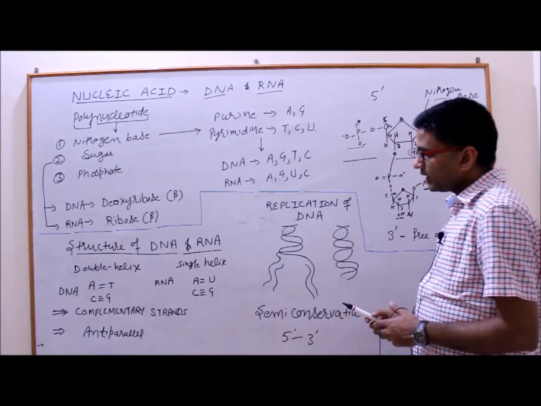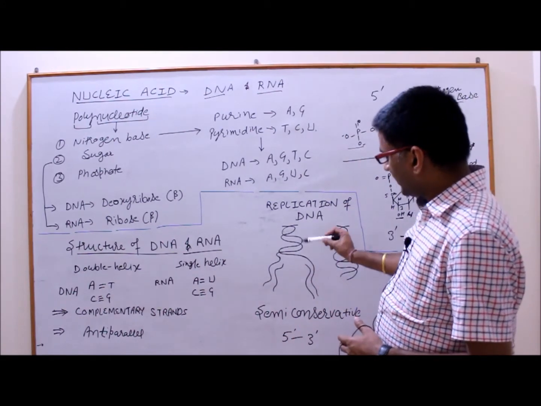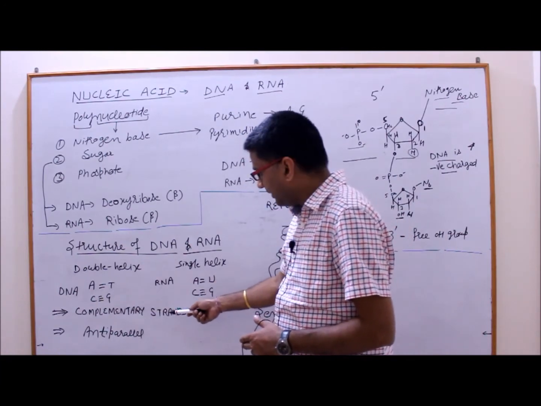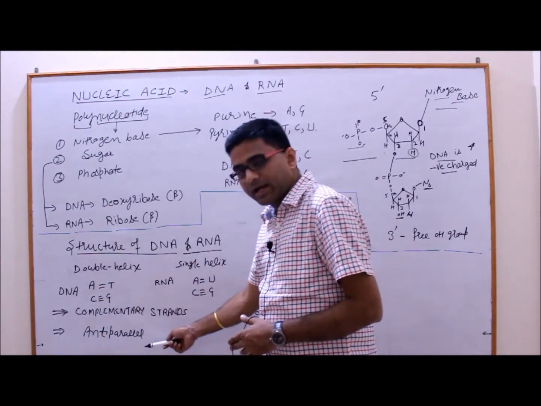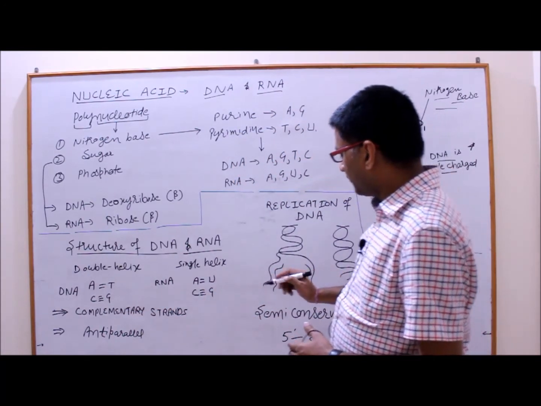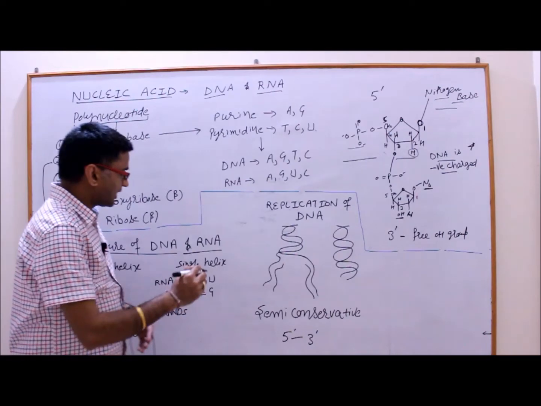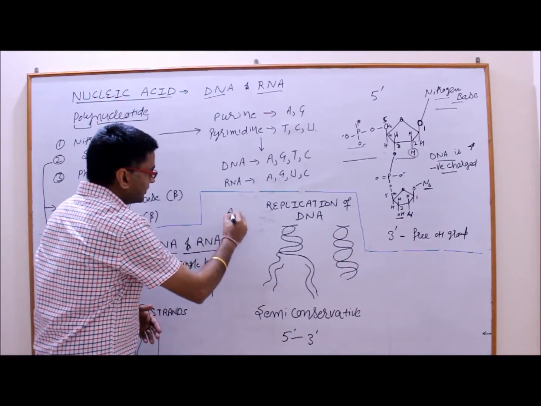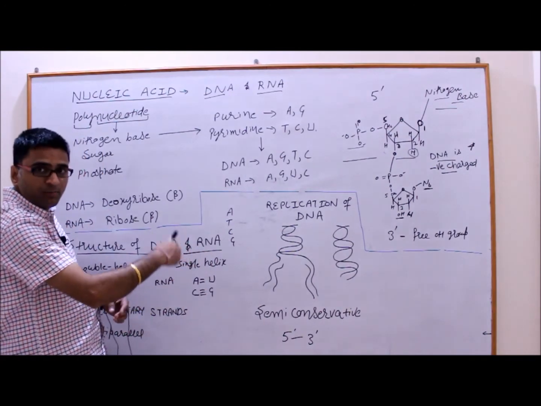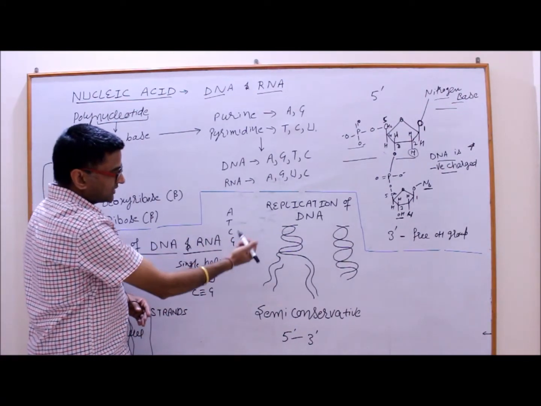Now in case of DNA there are 2 strands which are complementary to each other, and they run anti-parallel. So what does complementary mean? For example, if I have the sequence of one strand, let's say I know that there is A, there is T, there is C, there is G, I automatically know the sequence of the other strand.